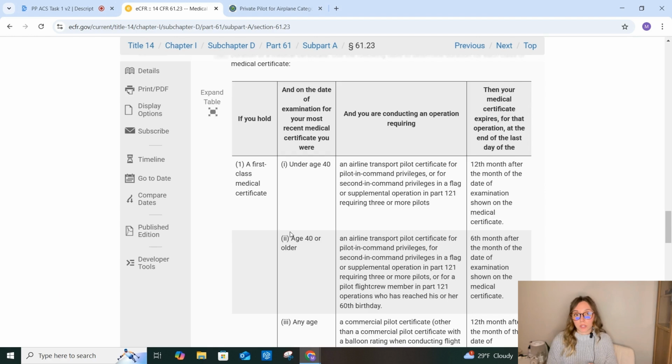And your third class medical certificate, to me, is paired with your private pilot license. A lot of people will still get a first class medical certificate. It's a little bit harder, let's say, to get medically, but it ensures that you can do more things. But if you don't have your airline transport pilot license, it doesn't even matter.